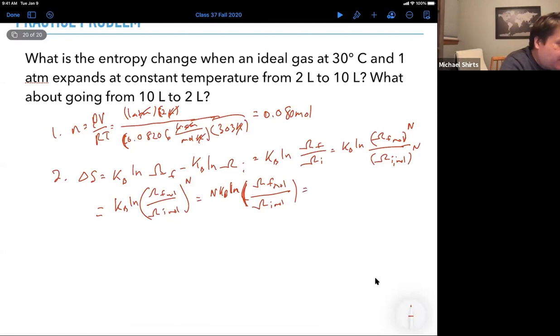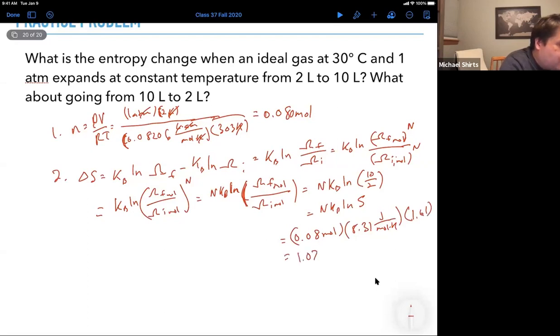So this is n Kb log of 10 over 2, n Kb log of 5. Now we plug in: 0.08 moles times 8.31 joules per mole Kelvin, and the log of 5 is 1.61. So this is equal to 1.07 joules per Kelvin.